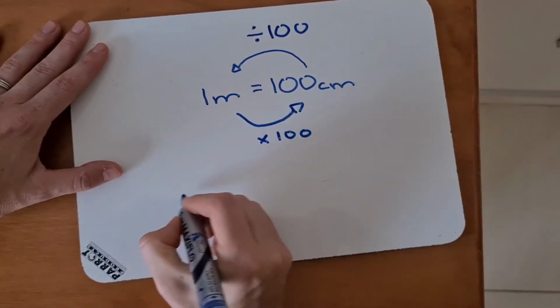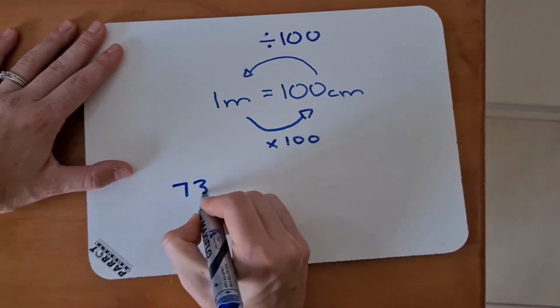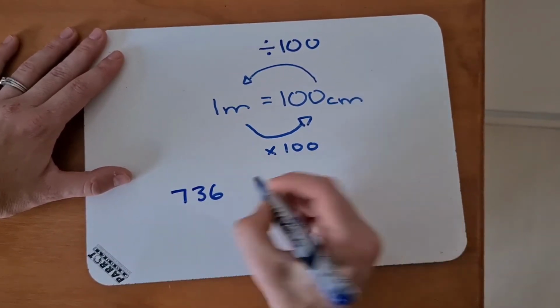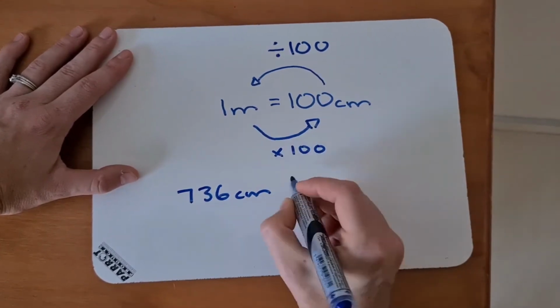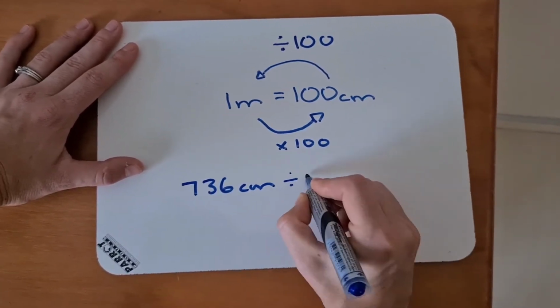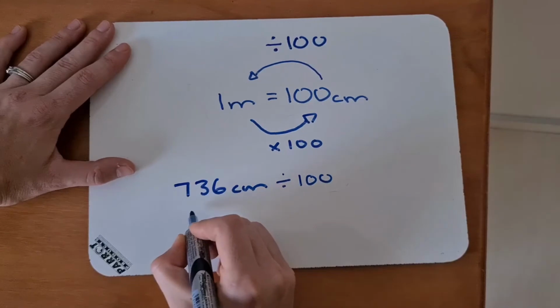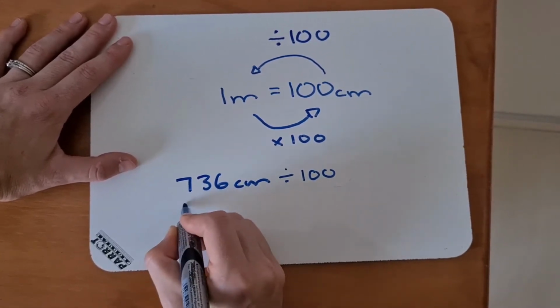Okay. So if I've got 736 centimeters and I wanted to turn them into meters, I would need to divide by 100. And so that's quite simple if we break our number up.